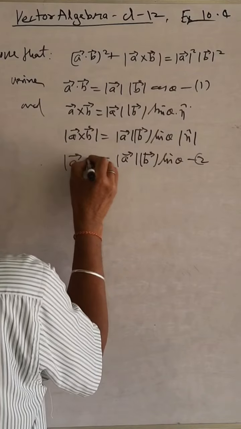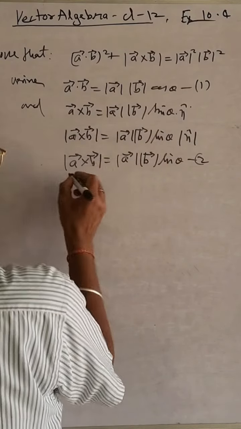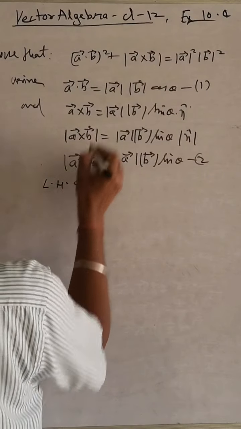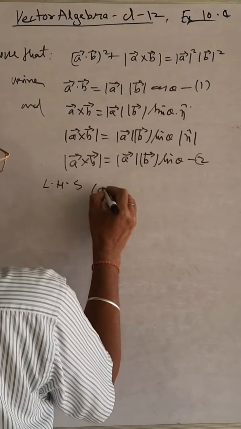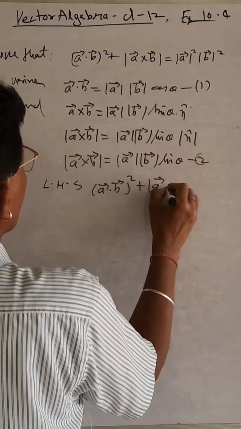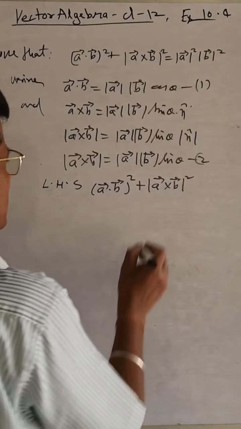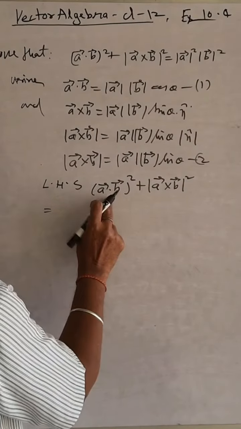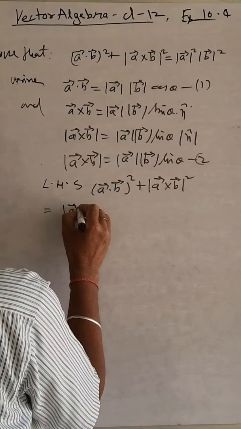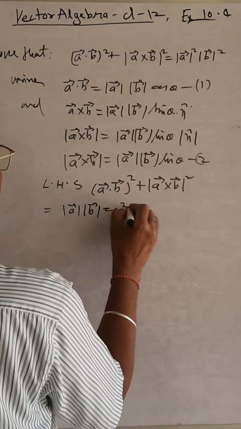Most important result I am going to tell you, because generally the question asks from 1 and 2, you take the left hand side. Taking the left hand side of the result, that is, the square of the dot product of two vectors plus magnitude of A cross B square, it will be equal to, you use the value of it, magnitude of A, magnitude of B cos square theta.